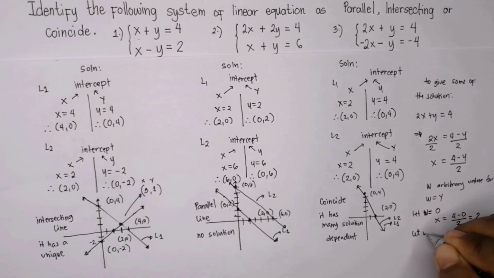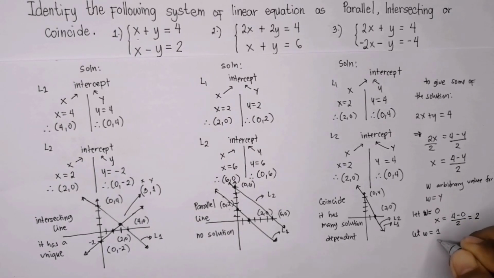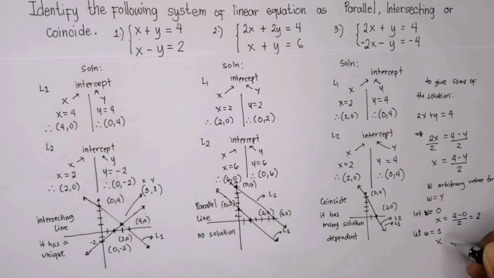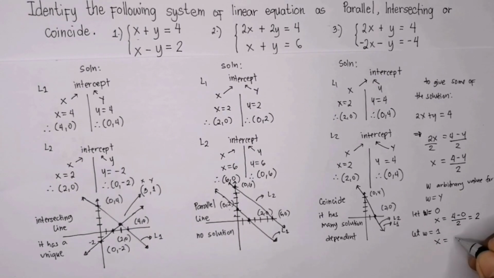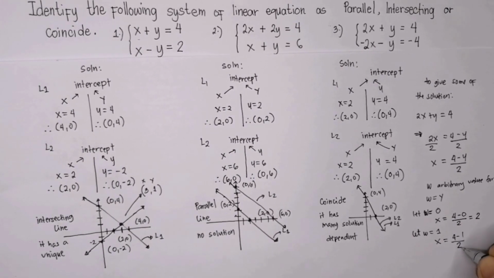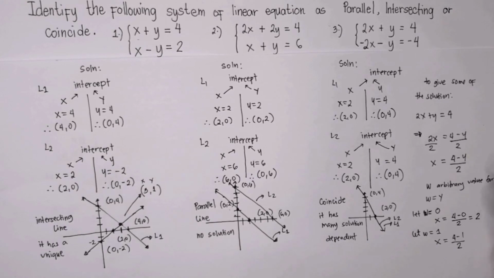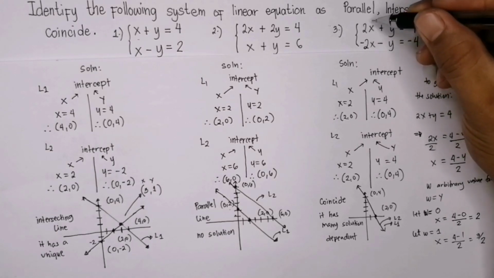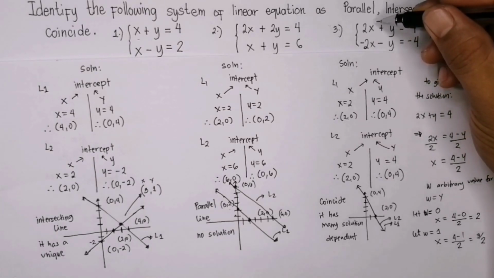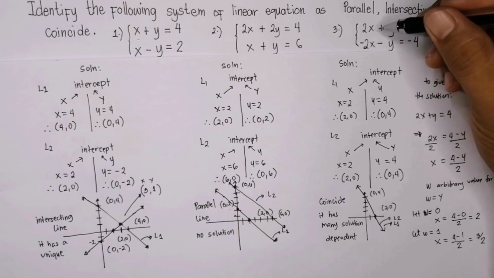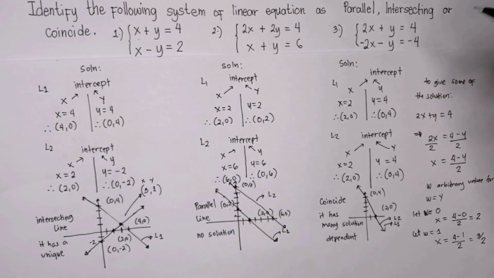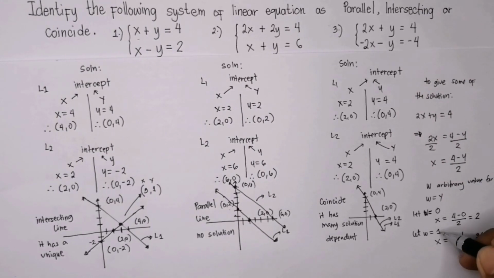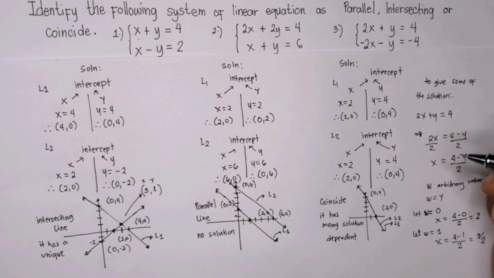Let's say w equals 1. So x equals 4 minus 1 over 2, and 4 minus 1 is 3, over 2 is 3 halves. Let us try to substitute here. 2 times 3 halves is 3, plus we assume that w is 1, plus 1, that becomes 4.